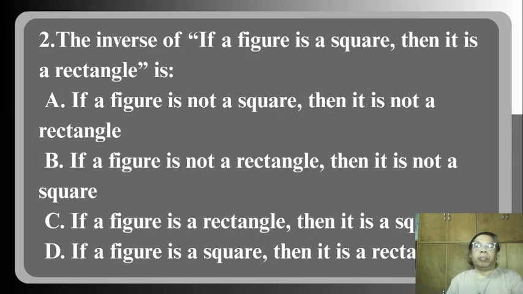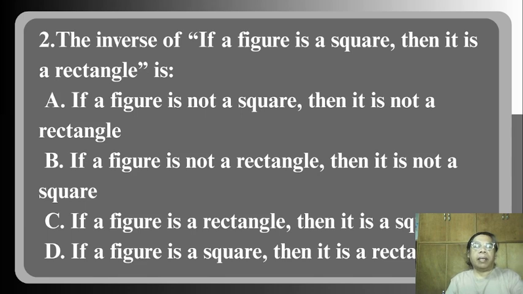Number 2. The inverse of "if a figure is a square, then it is a triangle" is: Letter A. If a figure is not a square, then it is not a rectangle.